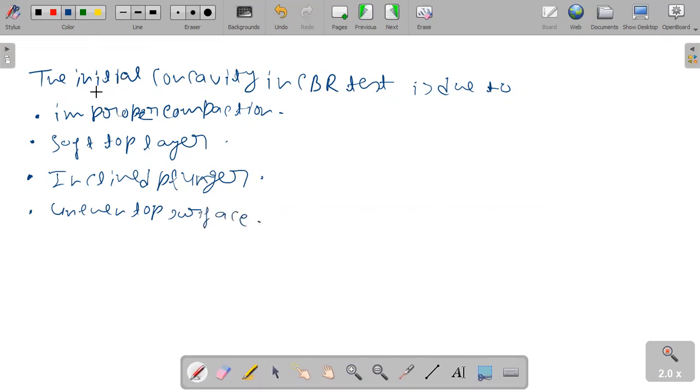Do remember this, that the initial concavity in a CBR test is due to improper compaction, due to a soft layer, due to an inclined plunger, due to an uneven top surface.